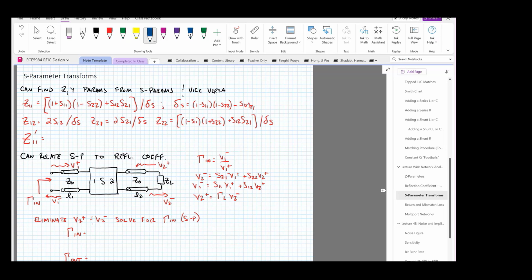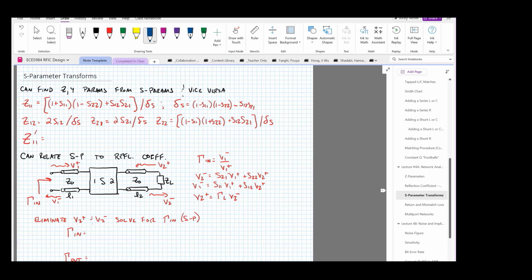All right, so as I mentioned just a moment ago, we can find any network parameter from any other network parameter. So if I have S parameters, I can find Z parameters from the S parameters. So for instance, Z11 is equal to 1 plus S11 times 1 minus S22 plus S12 times S21 divided by the determinant of the S parameter matrix.